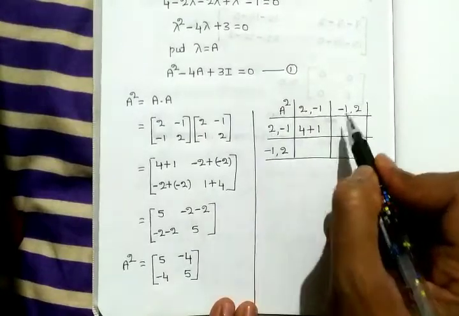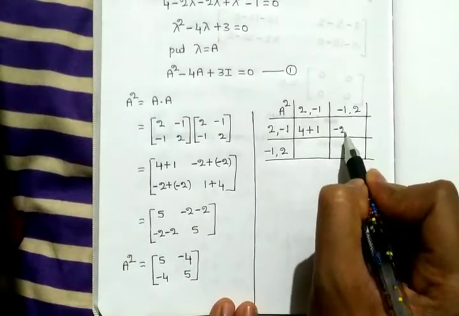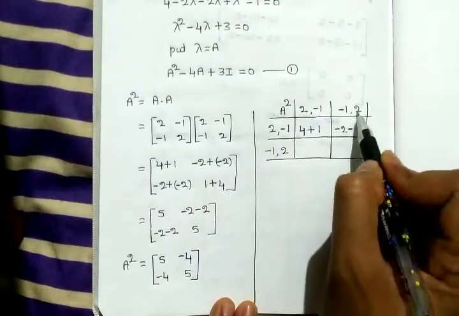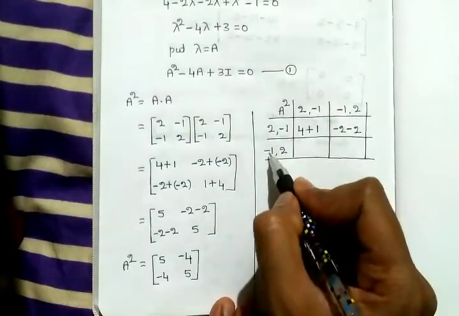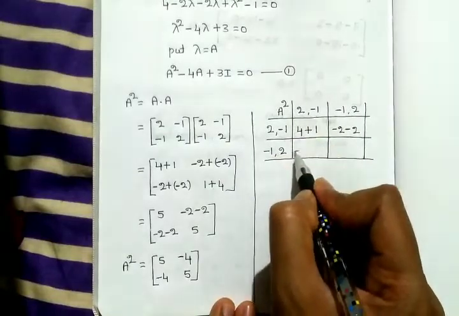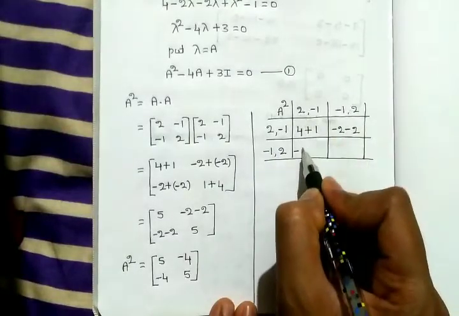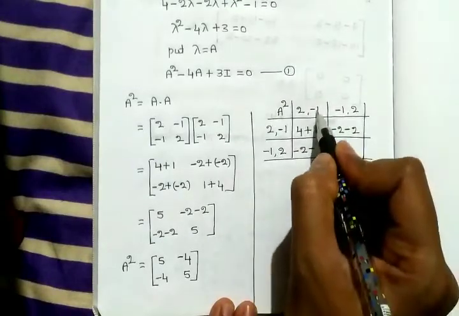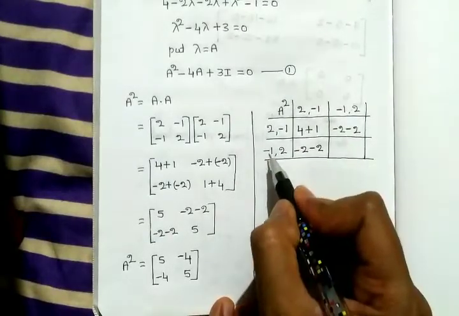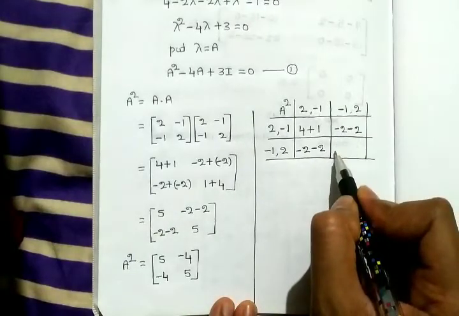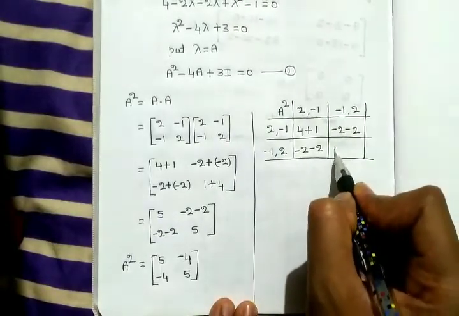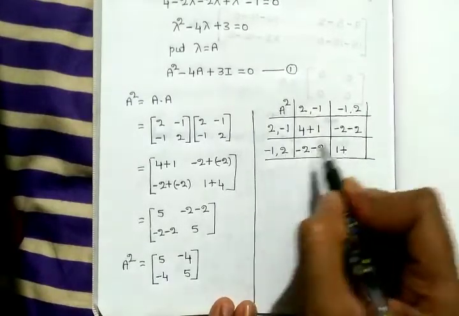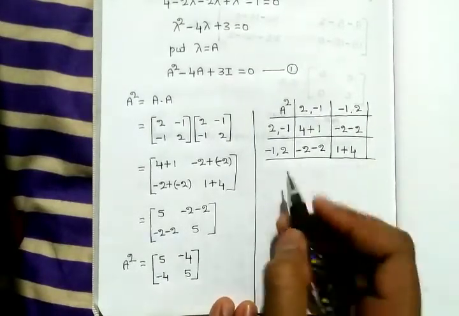So next, 2 into minus 1 is minus 2, minus into plus is minus, 1 into 2 is 2. Next, minus into plus is minus, 1 into 2 is 2, plus into minus is minus, 2 into 1 is 2. Minus into minus is plus, 1 into 1 is 1, plus into plus is plus, 2 into 2 is 4.